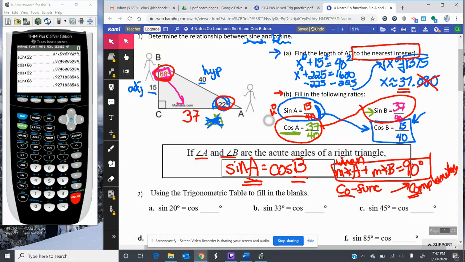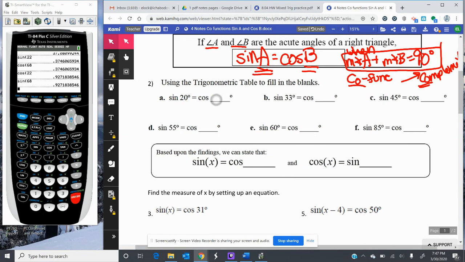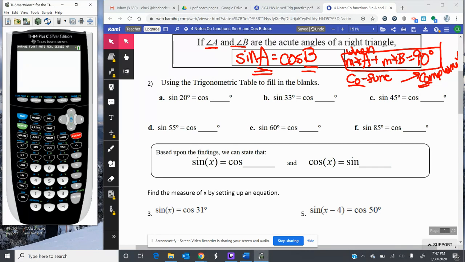So from here, let's fill in some of these answers. Sine of 20 equals cosine of what angle measure? If we type in sine of 20 into our calculator, and going on the rule we just looked at, A and B add to 90 degrees.